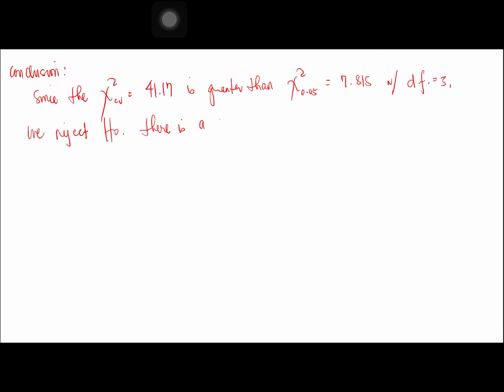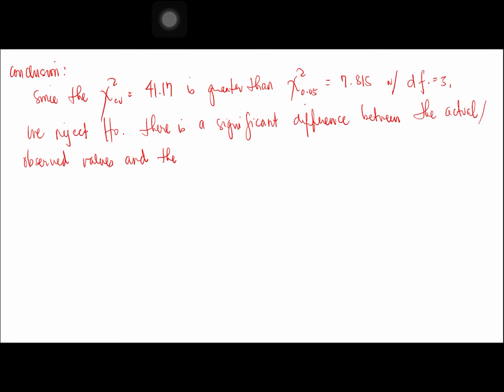There is a significant difference between the actual or the observed frequencies or values, and the theory or the expected values.